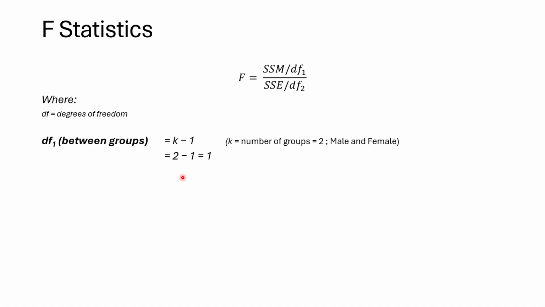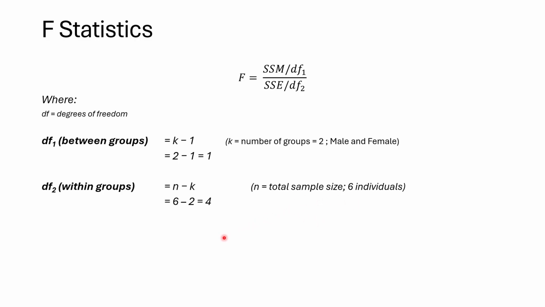So it will be 2 minus 1, which is 1, and degrees of freedom 2 here is the within group degrees of freedom. n is the total number of samples, which is the 6 individuals, and k is the number of groups, 2. So the degrees of freedom we have here is 4.